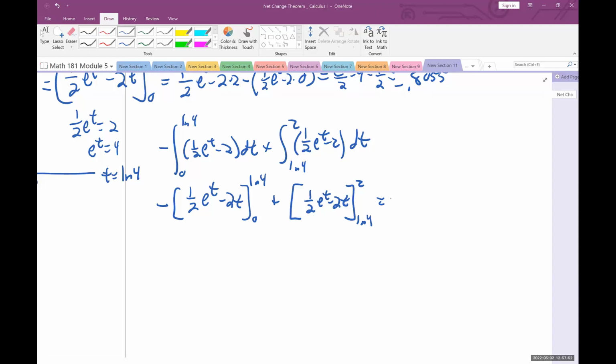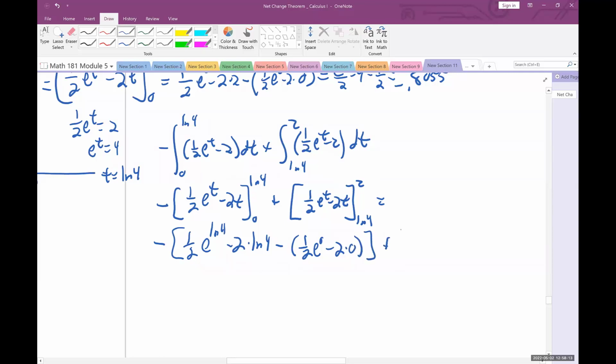Okay, so we evaluate this. This is the negative of 1/2 e to the natural log of 4 minus 2 times natural log of 4, minus 1/2 e to the 0 minus 2 times 0, plus 1/2 e to the 2 minus 2 times 2.